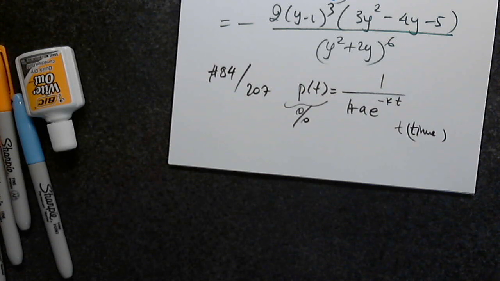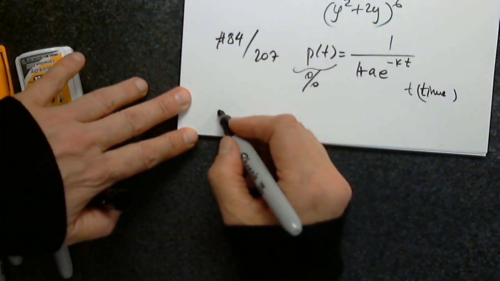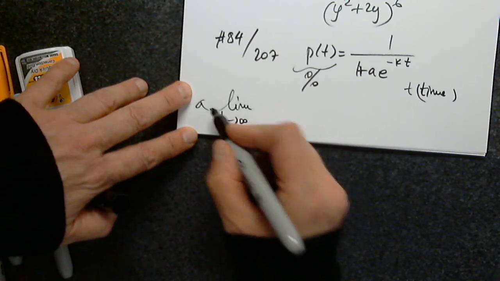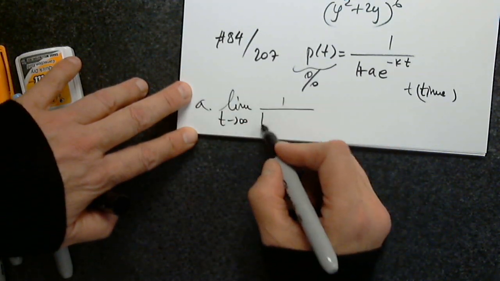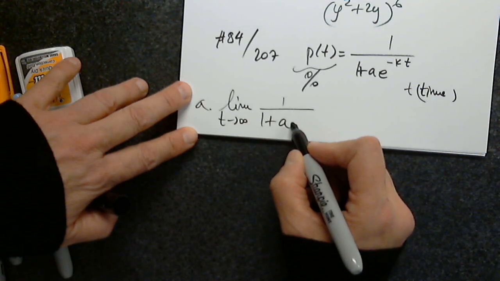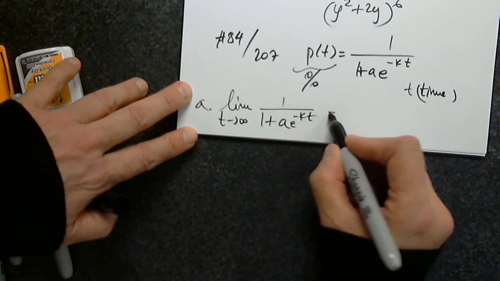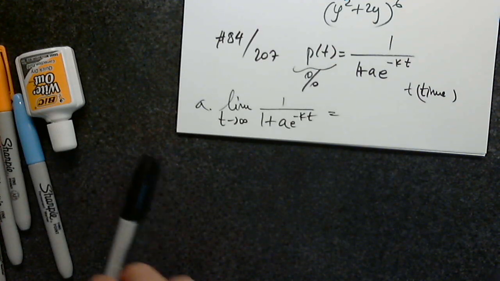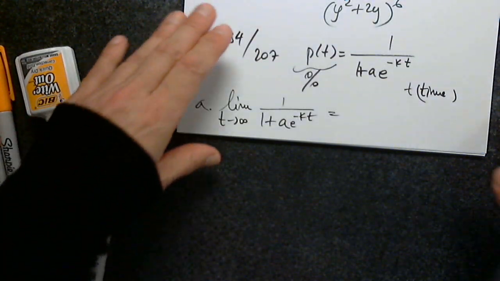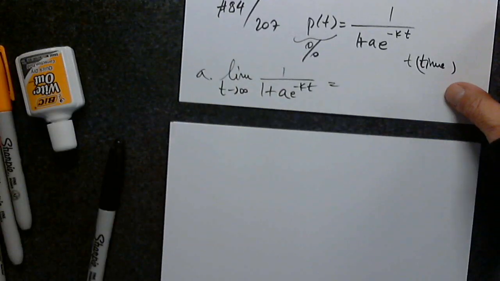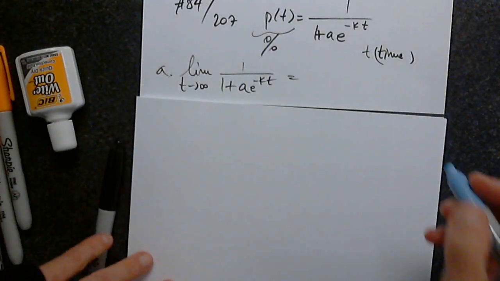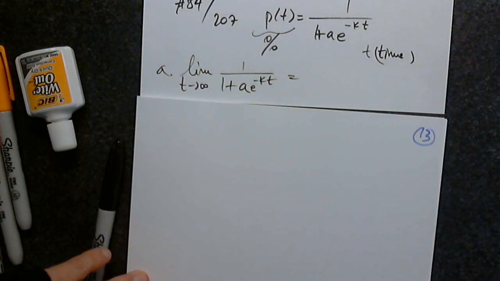Find the limit as t approaches infinity. That's part A. The limit as t approaches infinity of 1 over 1 plus a e to negative kt. So we have to plug it in and see which situation we're facing here.